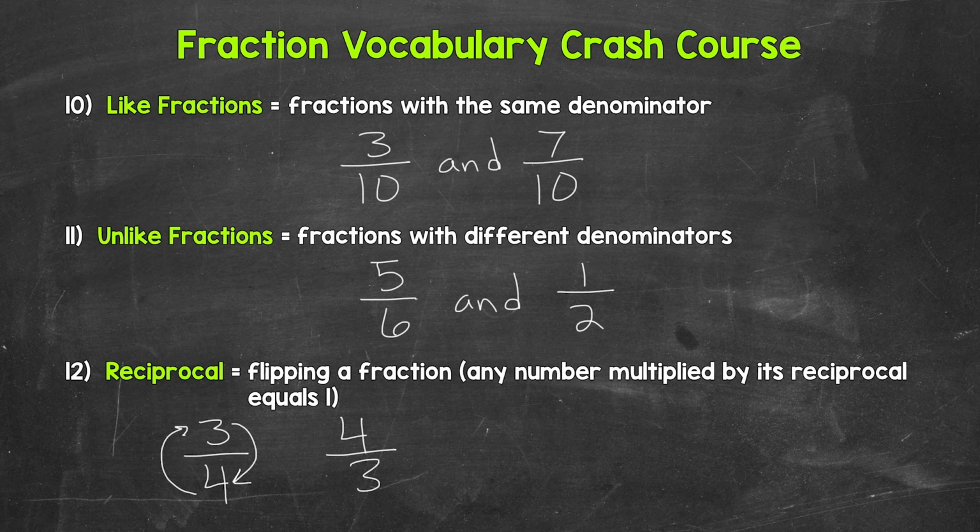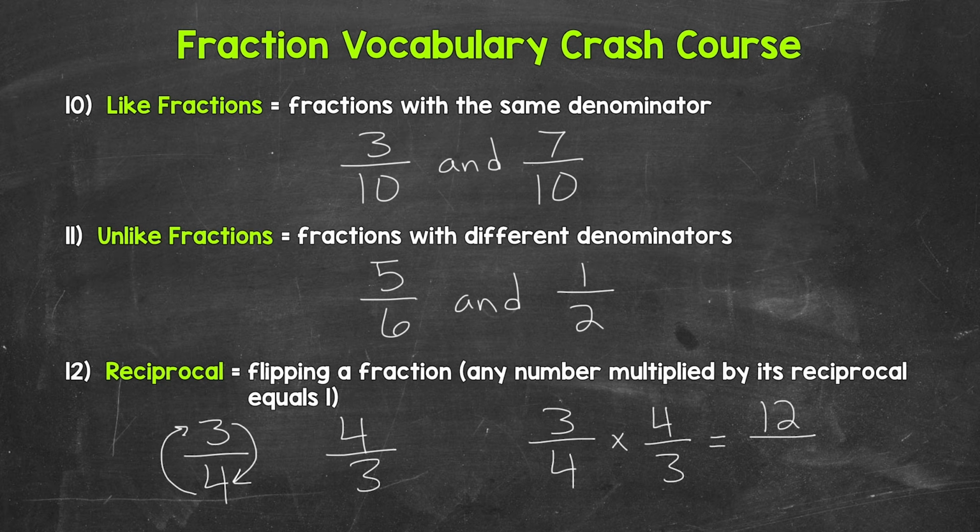So the reciprocal of 3/4 is 4/3. Now, any number multiplied by its reciprocal equals 1. So let's do 3/4 times its reciprocal of 4/3, just to see what this looks like. Now, when we multiply fractions, we multiply straight across. So for the numerators, 3 times 4 is 12.